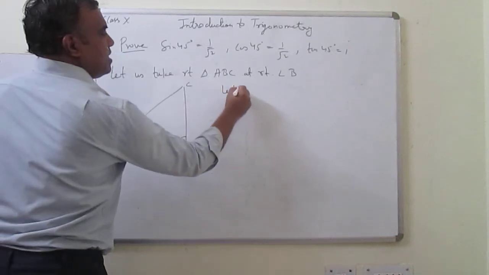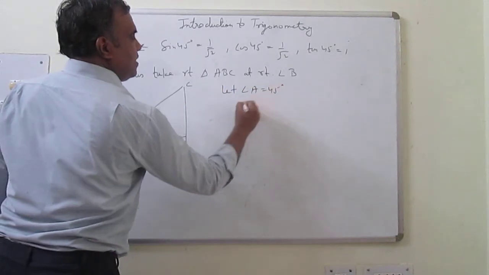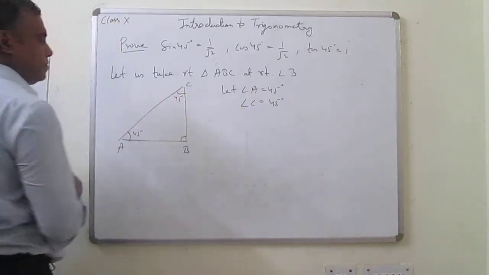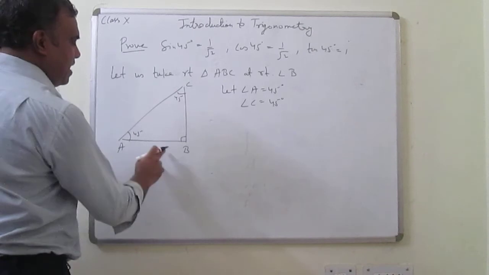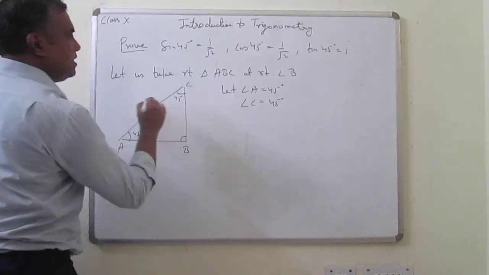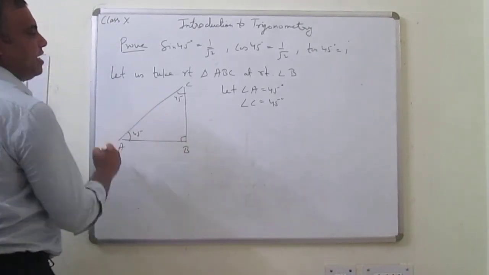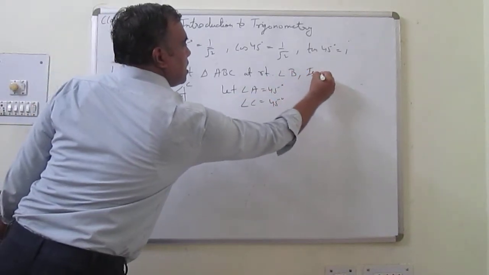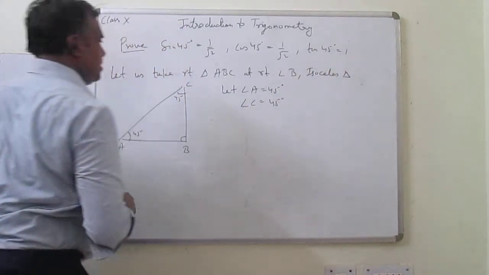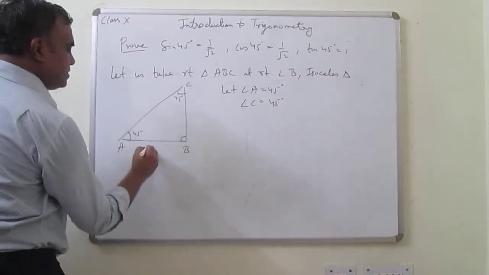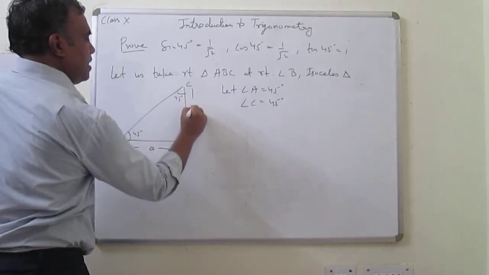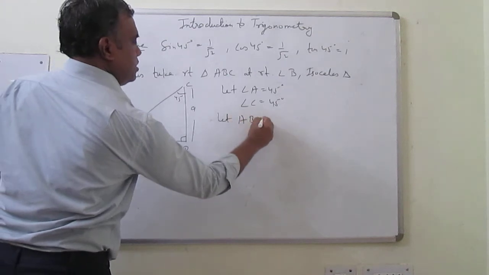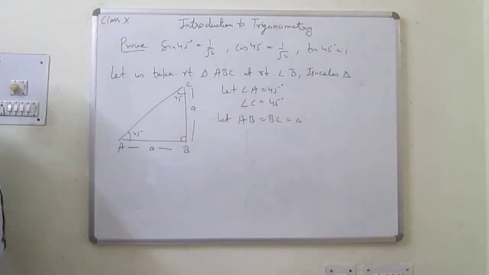Let angle A be 45, then angle C is also 45. Now it is a right angle triangle and it is an isosceles triangle, right angle at B. Take side AB as a and BC as a. Let AB be equal to BC be equal to a.